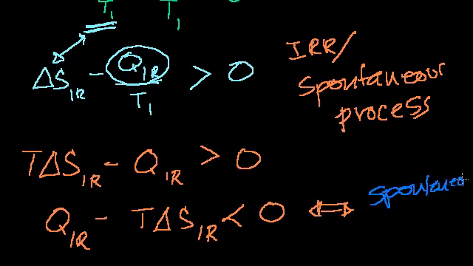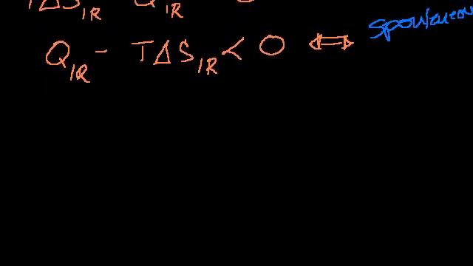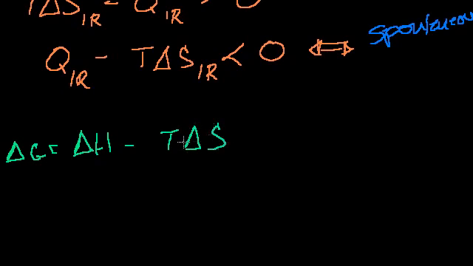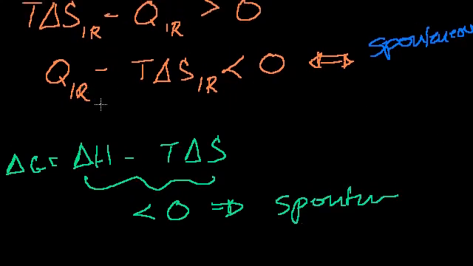At this point, this should look reasonably familiar to you. When we wrote our Gibbs free energy formula, we said change in G is equal to delta H minus T times delta S, and we said that if this is less than 0, then we have a spontaneous process. These two are equivalent to each other.